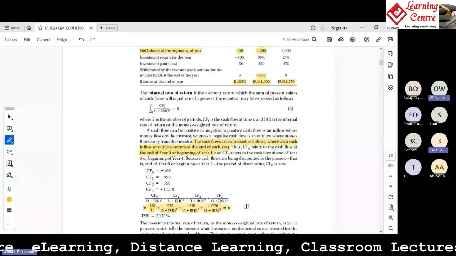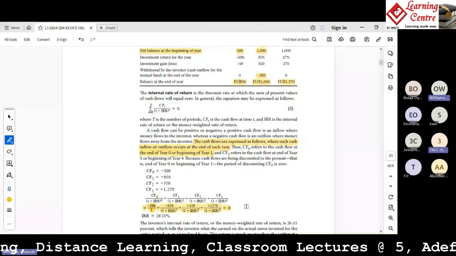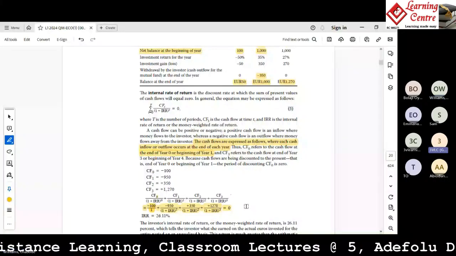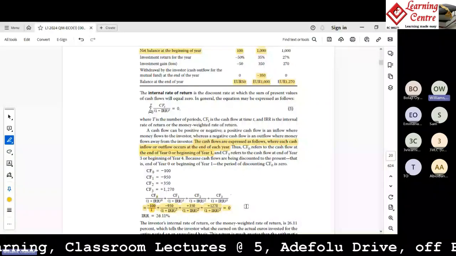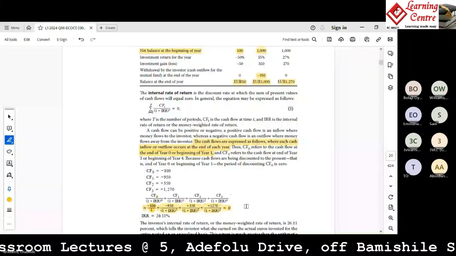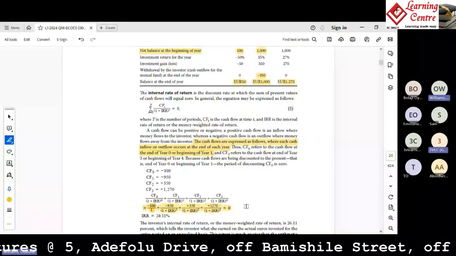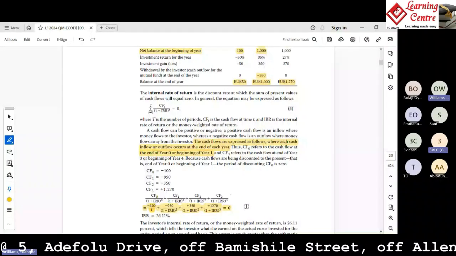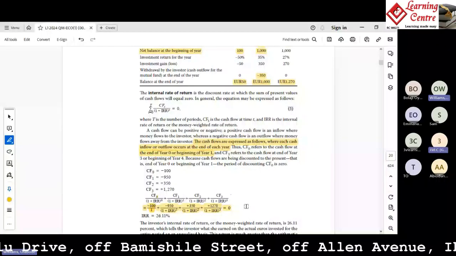It will give you one of 3 outcomes. Option 1, it can give you 0. If it's 0, then 15.4 is your answer. If what you got is more than 0, it means that 26.1 is the answer, the one that is higher than 15. If you get something lower than 0, it means 11.4 is your answer, the one that is lower than 15. So all you need to do is calculate just once.